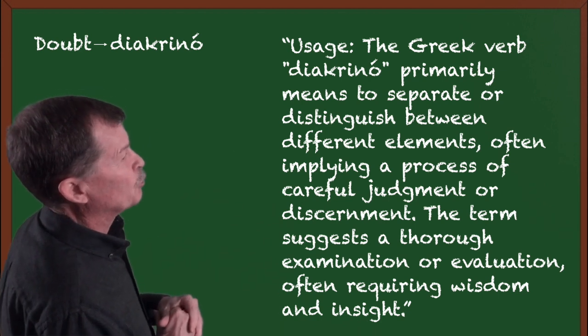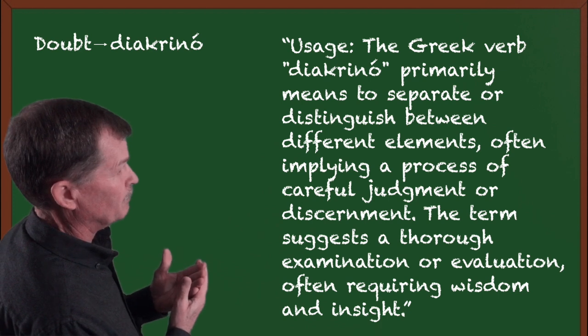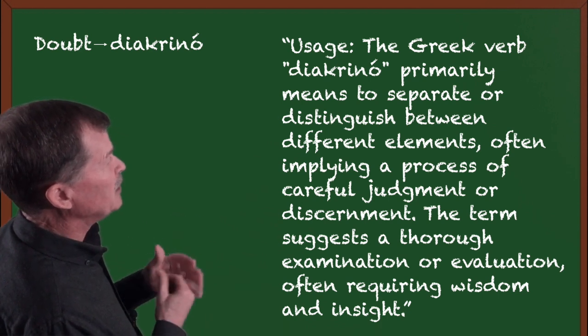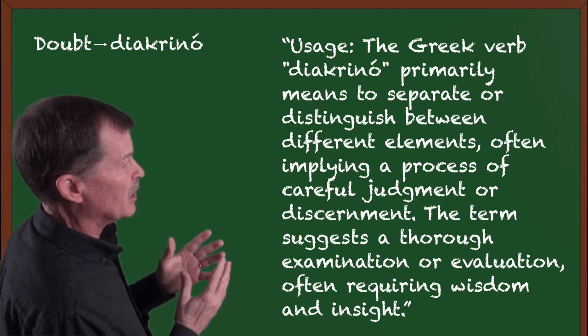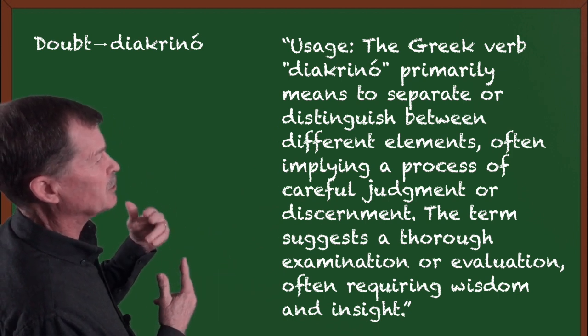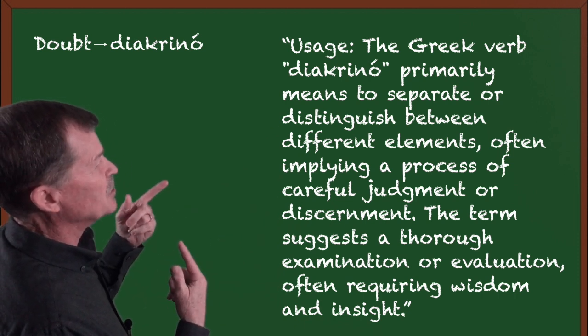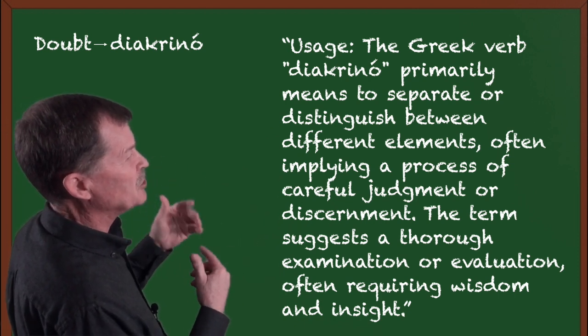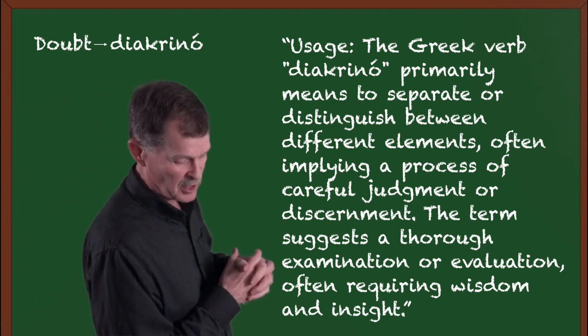Usage. The Greek verb diakrino primarily means to separate or distinguish between different elements, often implying a process of careful judgment or discernment. The term suggests a thorough examination or evaluation, often requiring wisdom and insight.